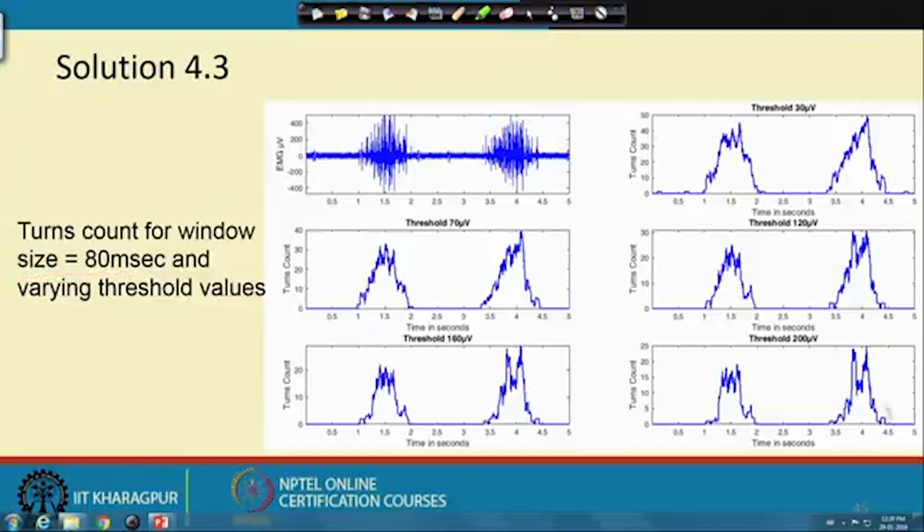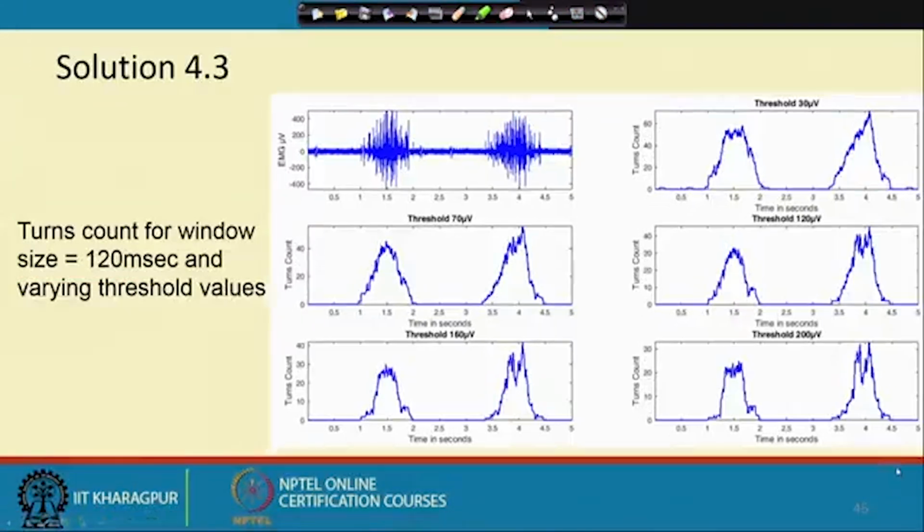Okay. Next we go for another time window, that is 120 millisecond. So, 50, 80, 120, we are going in succession, and in this case we get that it has become much more smooth.